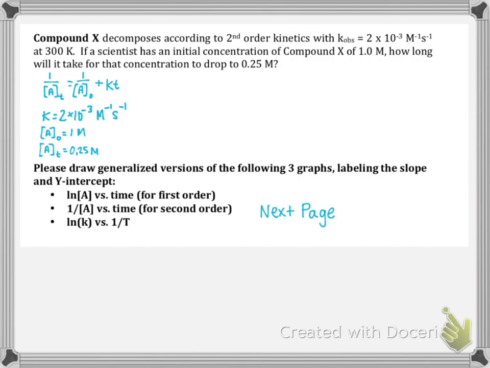So let's just plug those numbers into our equation. So 1 over 0.25 is equal to 1 over 1 plus 2 times 10 to the minus 3 molar inverse, second inverse times t.